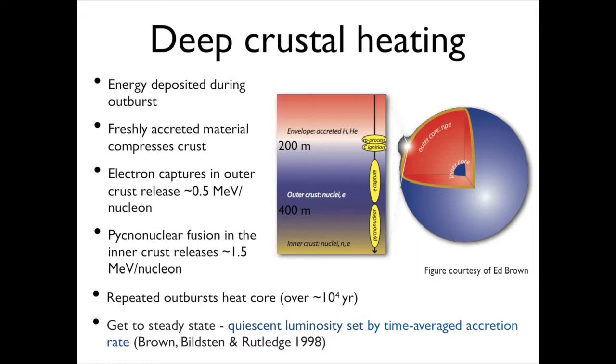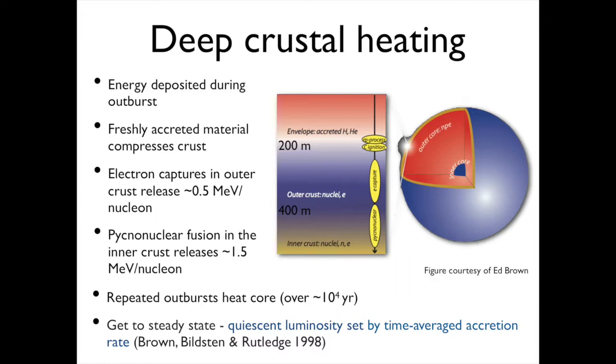And as you accrete material onto the surface, you compress the crust. As you compress the crust, it causes electron captures in the outer part of the crust at a depth of around about 200 meters. And it also causes pycnonuclear fusion to happen deeper in the crust at depths of around about 400 meters. And these together impart something like 2 MeV per nucleon accreted onto the surface.